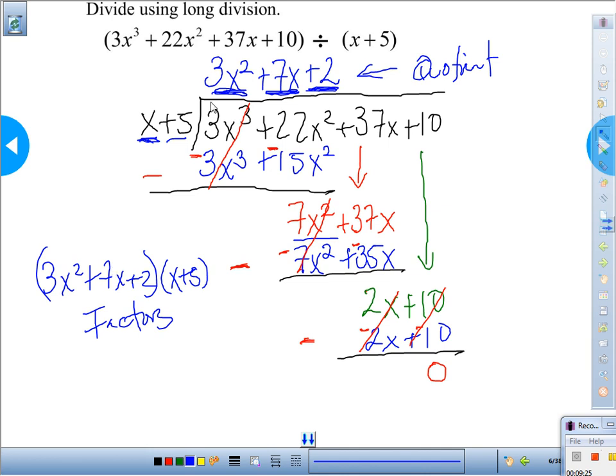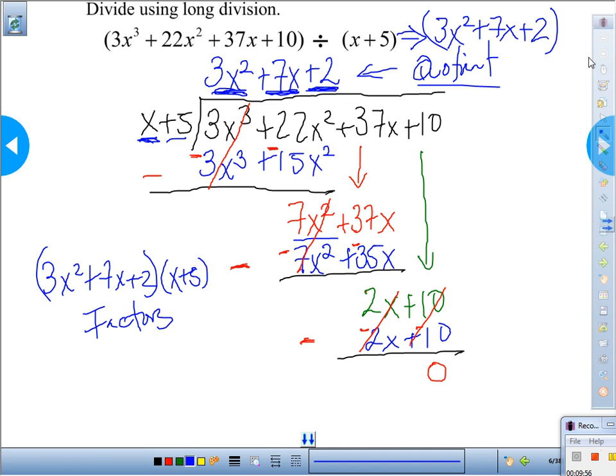They're just asking us to do what? Divide. Yes, you can write this and then just put 3x squared plus 7x plus 2 quotient. And if it has a remainder, then you put parentheses, and whatever the remainder next to it.